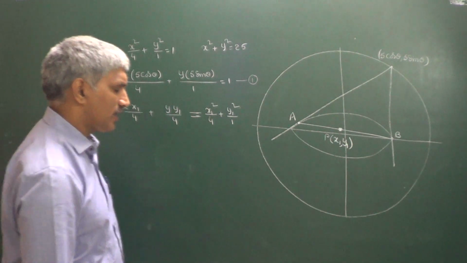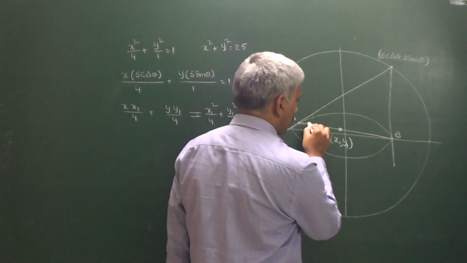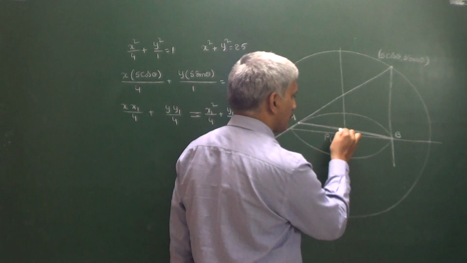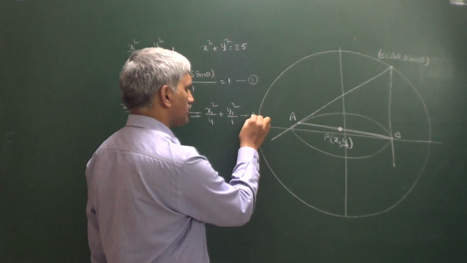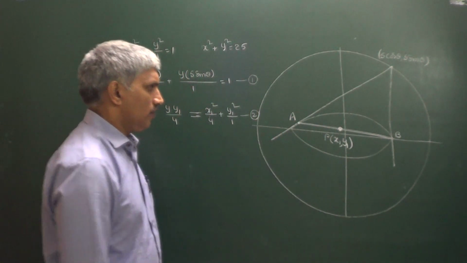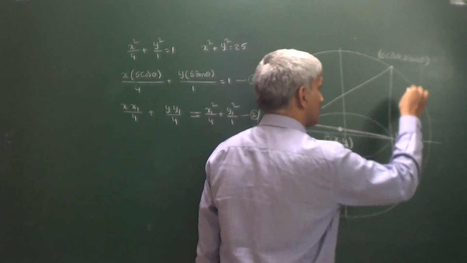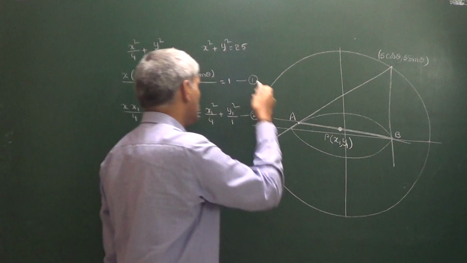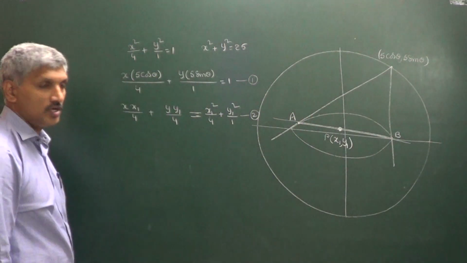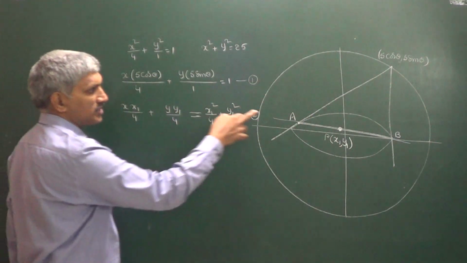Now if you observe carefully, we got this chord equation when the midpoint is there, that is equation number 2. We got the same chord of contact equation with respect to this point, that is S1 equals 0. Both represent this line only.